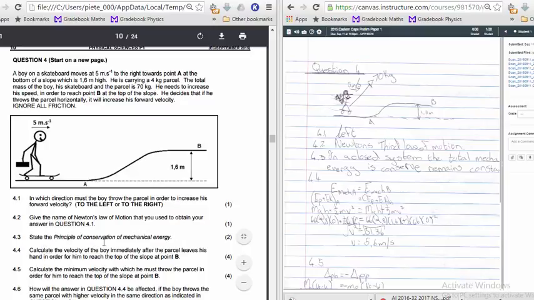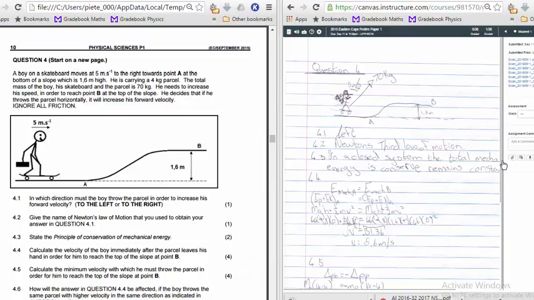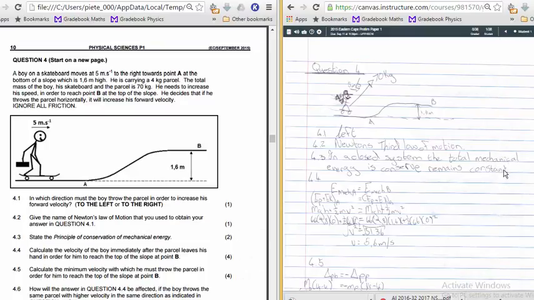State the principle of conservation of mechanical energy in a closed system. The total mechanical energy is conserved and remains constant.